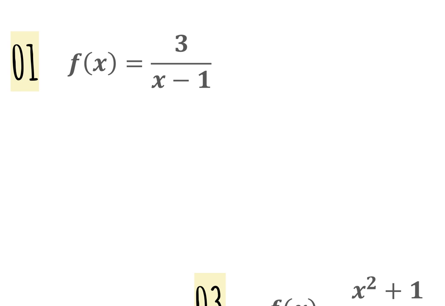No. So this can't be simplified. That was our check for holes. No holes. But now for the vertical asymptote, we take the denominator, set it equal to 0 and solve for x. So our vertical asymptote is at x equals 1, which will be a question on your quiz.